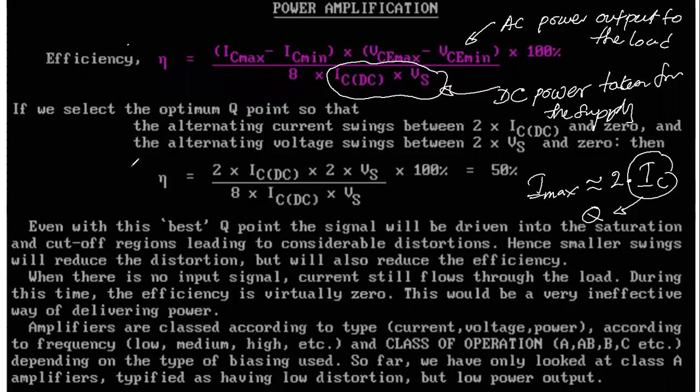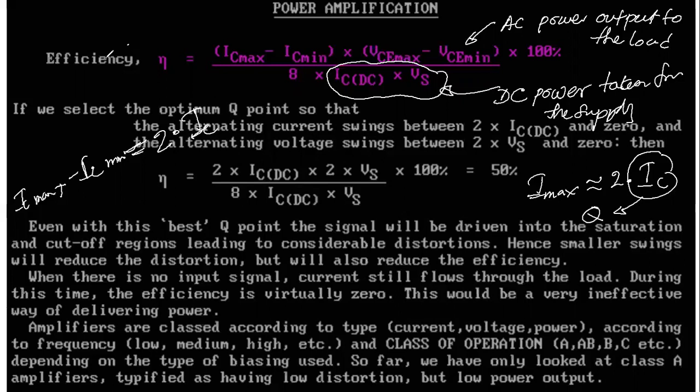Or else IC max minus IC min is almost equal to 2 times IC. IC is the current at the operating point, that Q point.